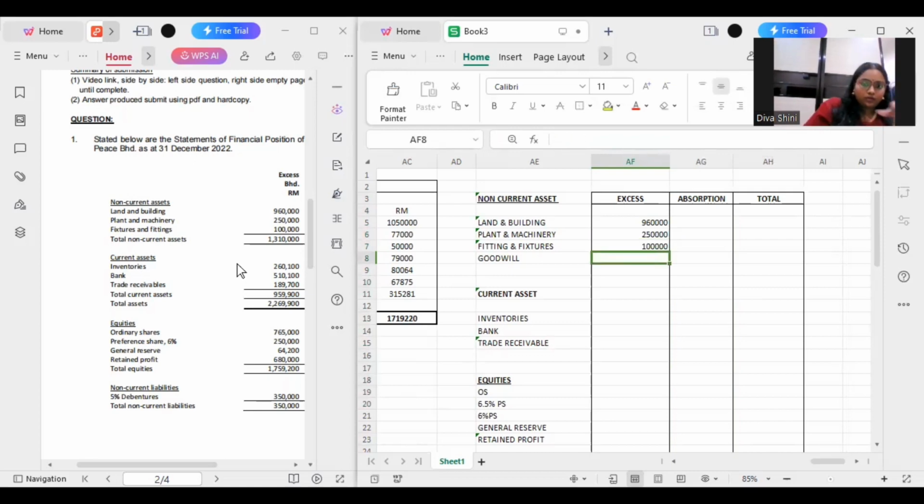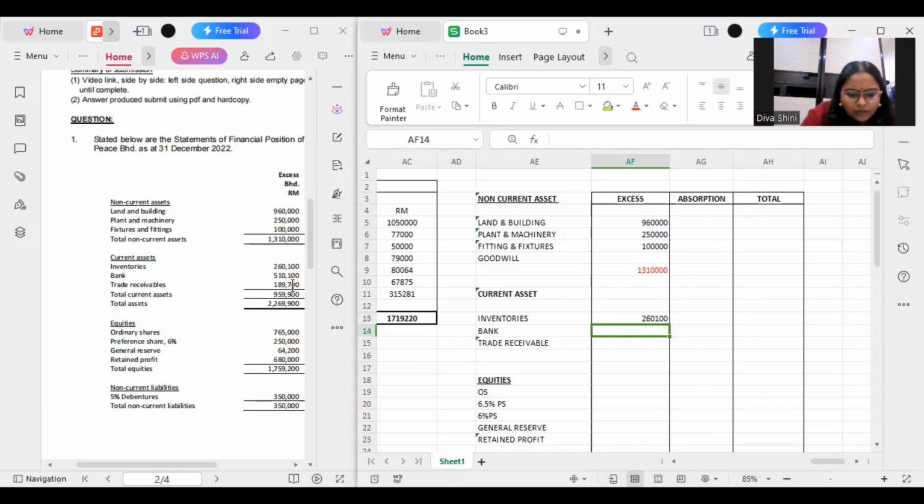And we could not add the goodwill because it is in the absorption. So we need to plus these 3 in red color. So for the inventories also we need to take from the SOFP.